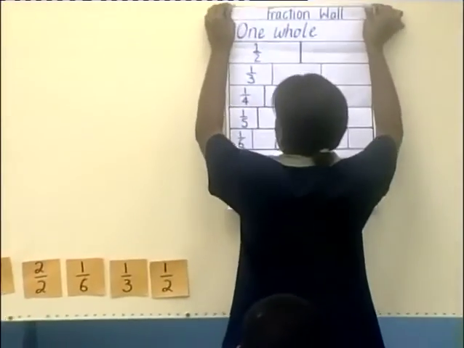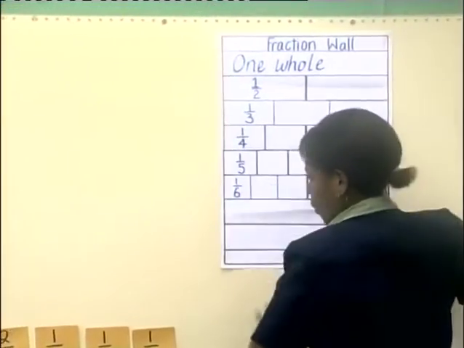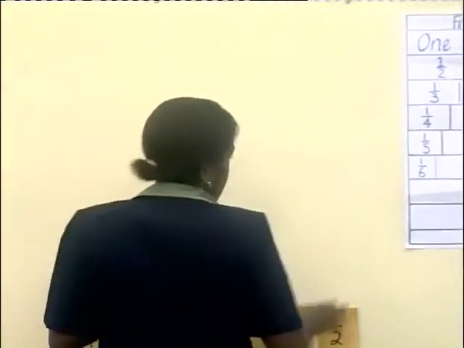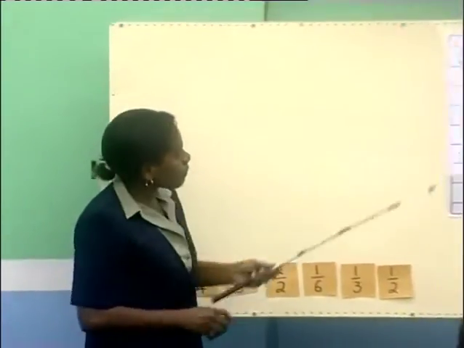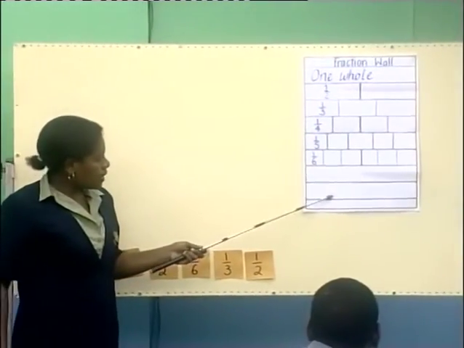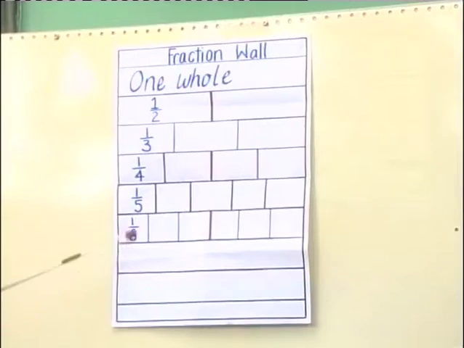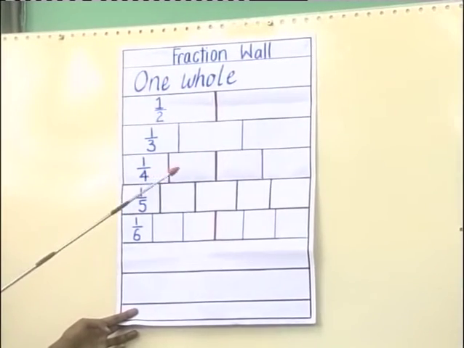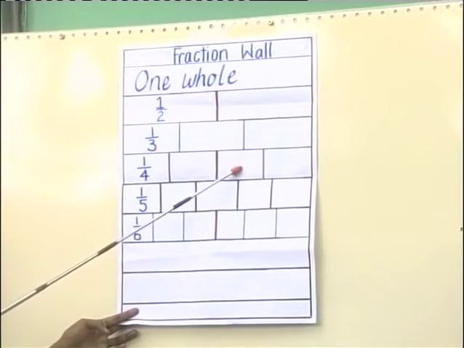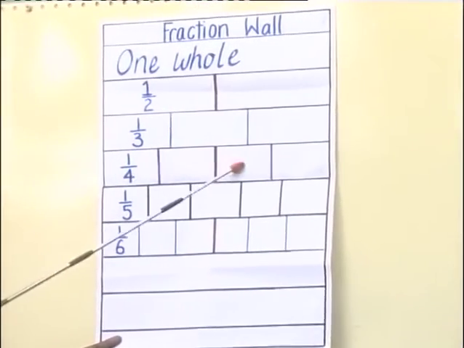Like I said, you look at your fraction wall and you compare, starting from the smallest to the greatest, receiving students. All right, 3/4. Let's see, is 3/4 the smallest? 3/4 meaning this is 1, 2, 3. So is this the smallest?